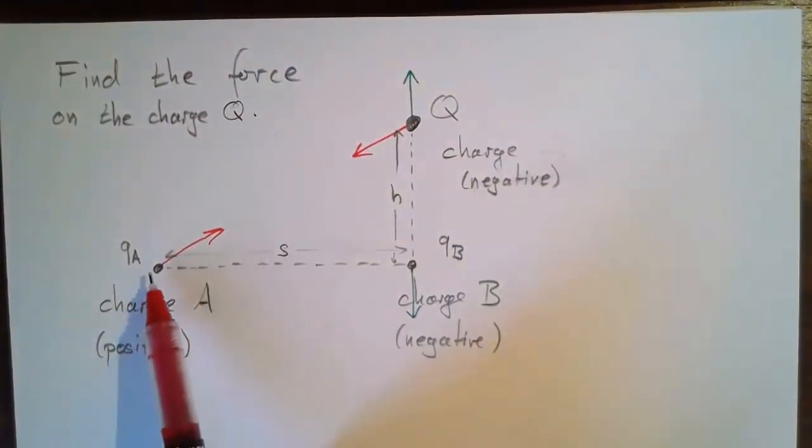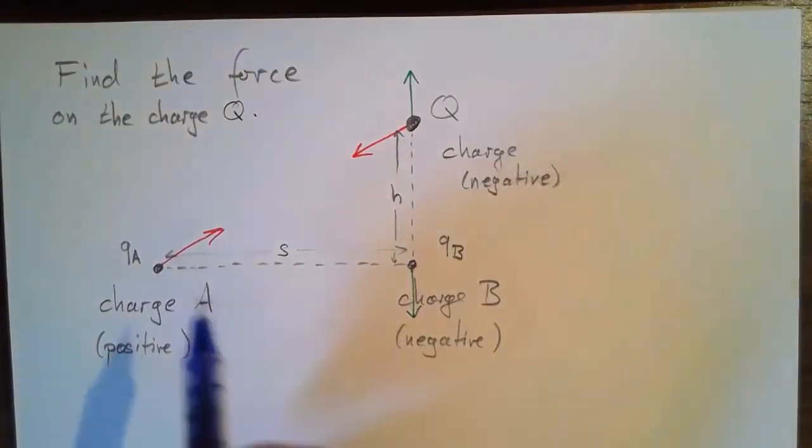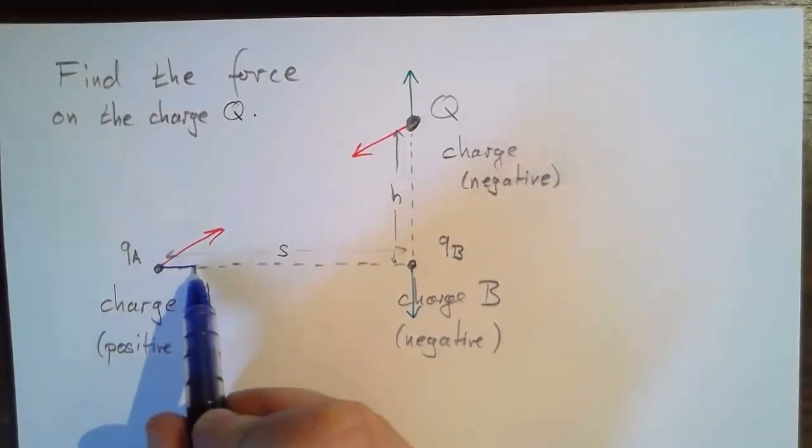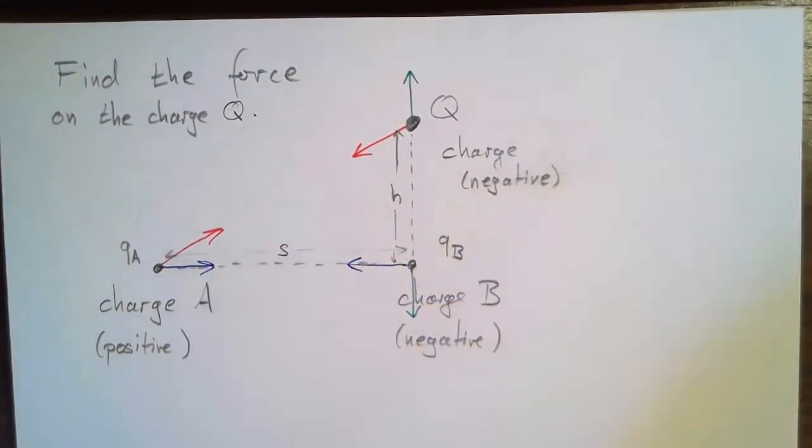And there's also an interaction between those two charges here. In this case, one's positive, one's negative, so they're going to attract each other. So there's a force this way, and there's a force this way. So now we've got all the forces on each of the three charges.